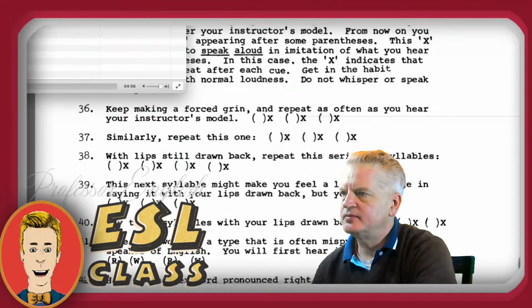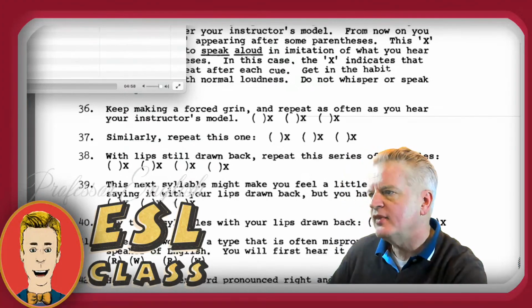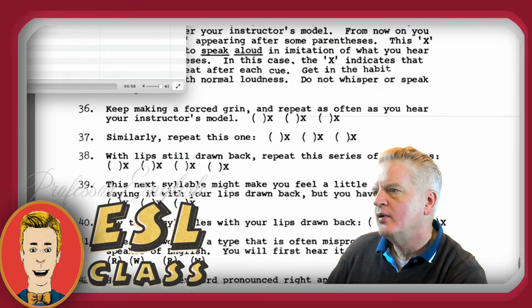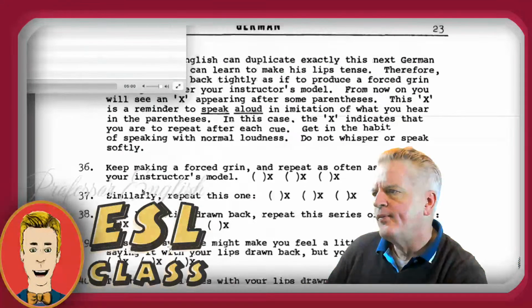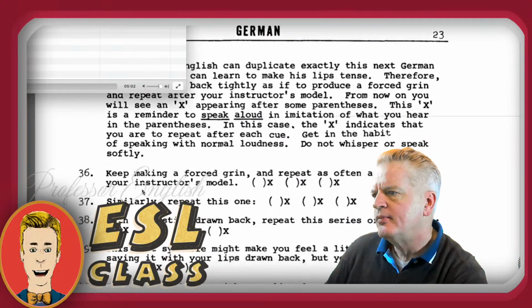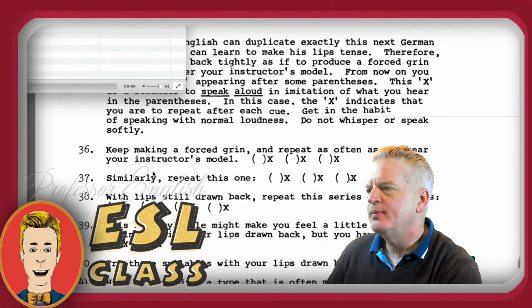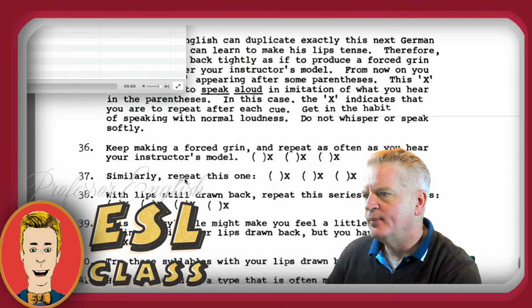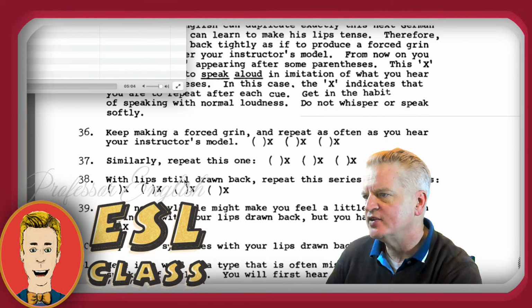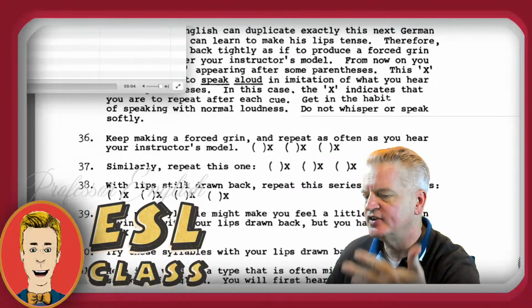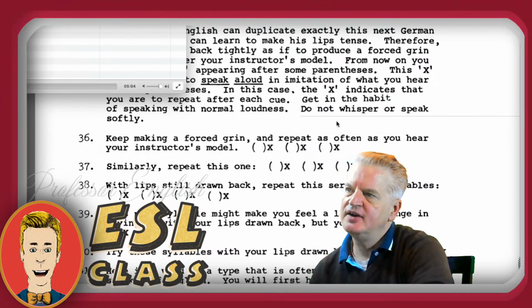Okay, 36. Wie. Wie. All right. So in 36, keep making a forced grin and repeat as often as you hear the instructor's model. So now each time the person speaks, we are to repeat. And remember that we have to keep a forced smile.